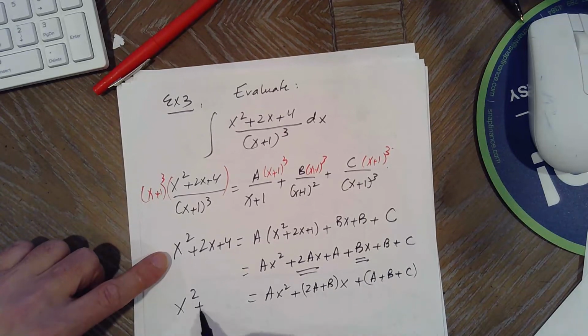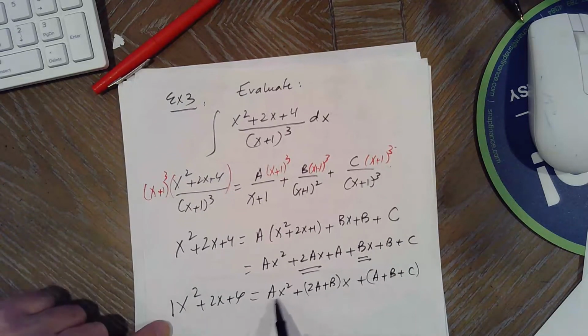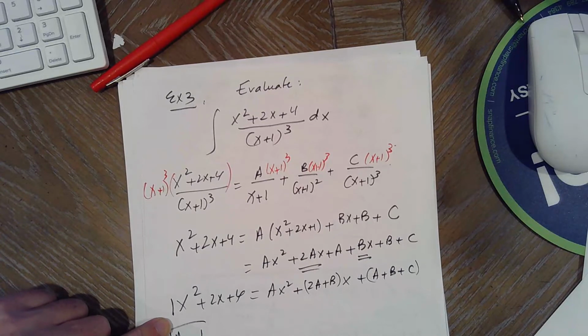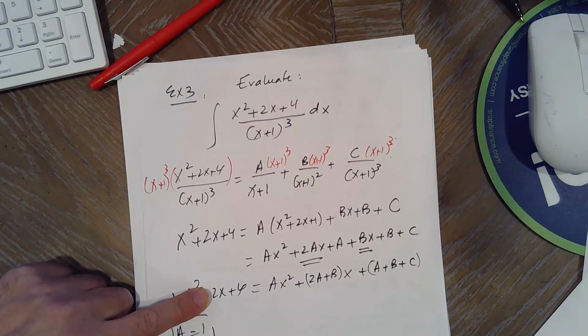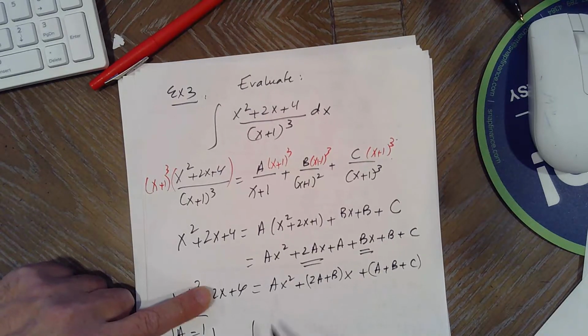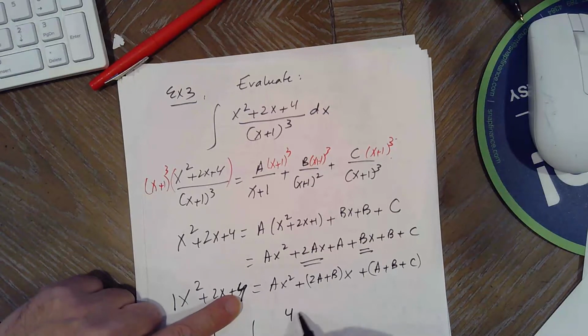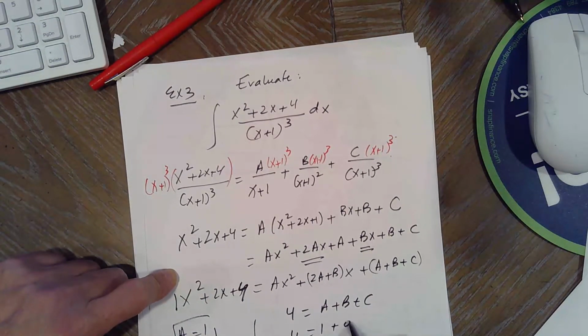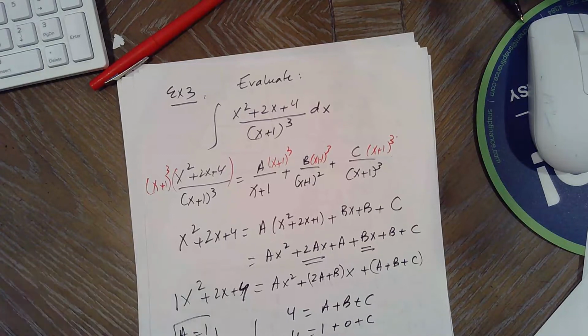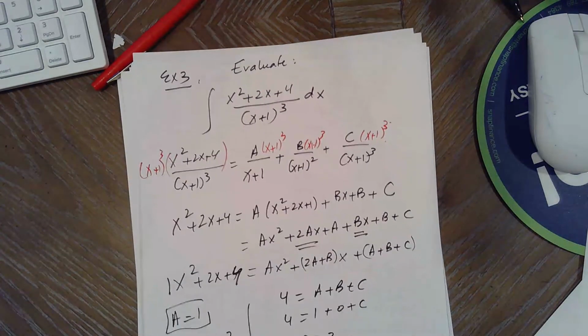So x squared is going to equal x squared, 1 is going to equal a, so we already know the value of a. 2 is going to equal 2a plus b, so 2 plus b equals 2, so b is 0. And for c, 4 is going to equal a plus b plus c, 1 plus 0 plus c, so c is 3.